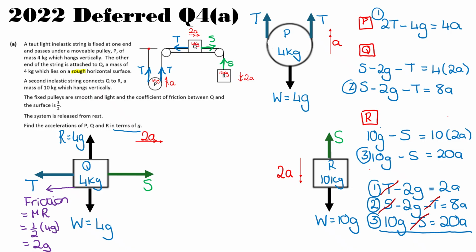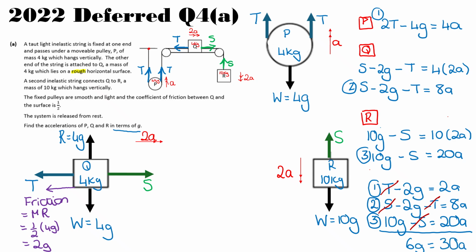If that was only going to get rid of one, that wouldn't be a correct method, because then we would be stuck with an equation with two unknowns and nowhere to go with it. So the only reason we can do that in this case is because our three equations together will get rid of two unknowns. So this is going to leave us with 6g, and that equals 30a.